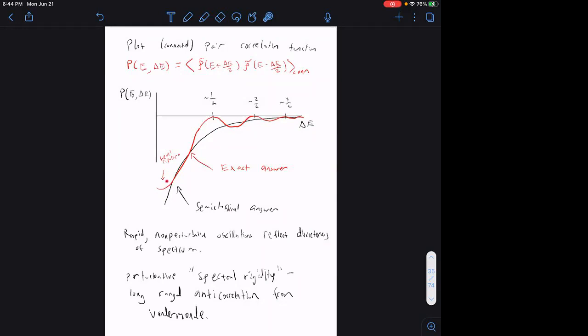And then on top of that, there are these red oscillations from the non-perturbative piece. The non-perturbative piece knows about the short distance behavior. It's not singular at short energy. It knows about that eigenvalue repulsion. It also knows about this discrete spacing.